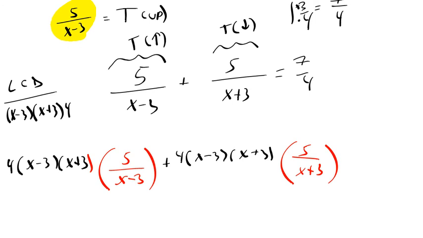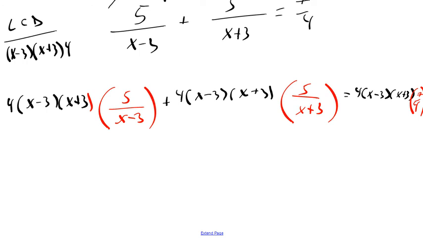And then lastly, 4 times x minus 3 times x plus 3, multiply that whole thing by 7/4. Wow, that took up the whole screen right there. Crazy. Okay.